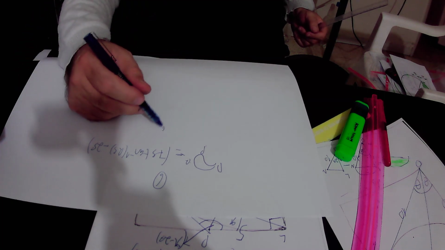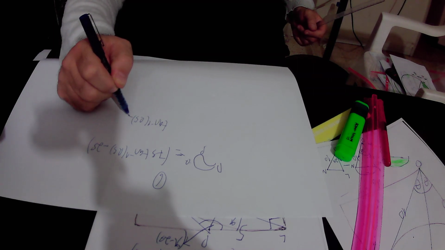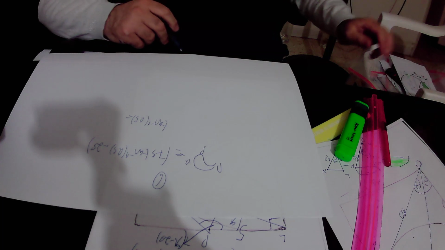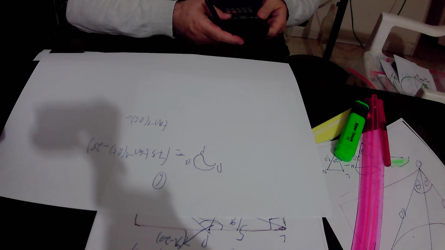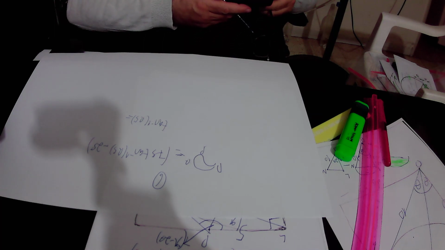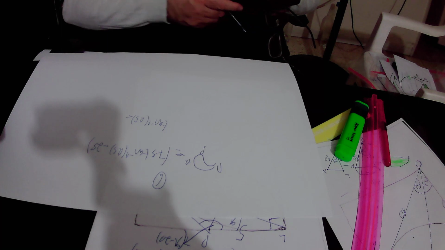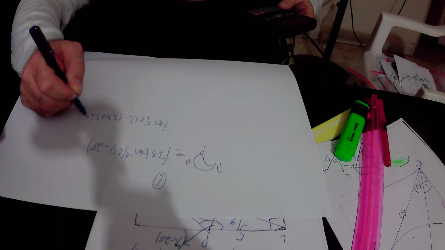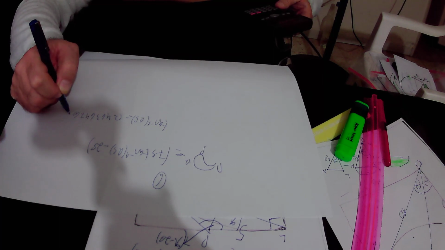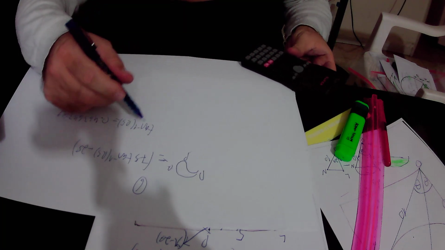So what is the value of tangent minus 1 of 0.5? It is actually equal to 0.463647609, and then we have to multiply it by 75.